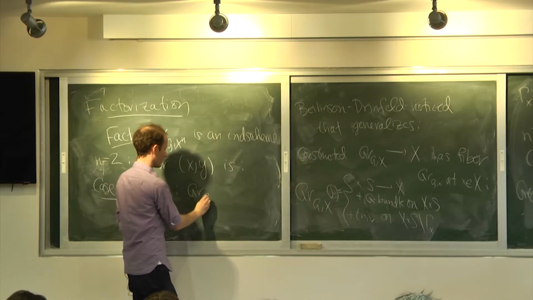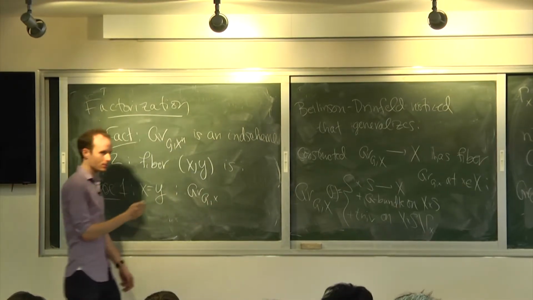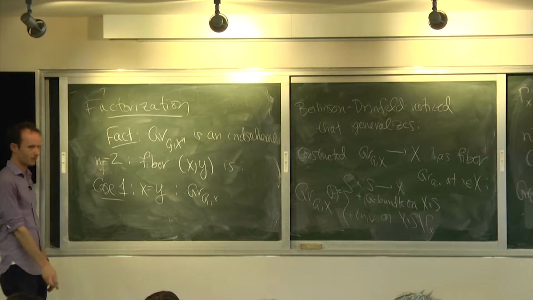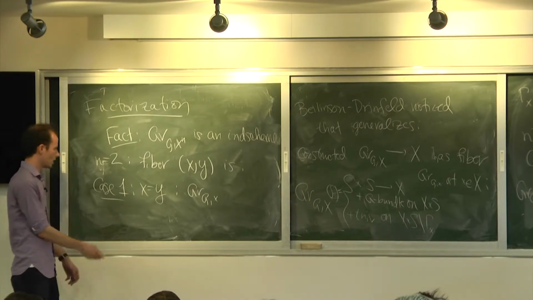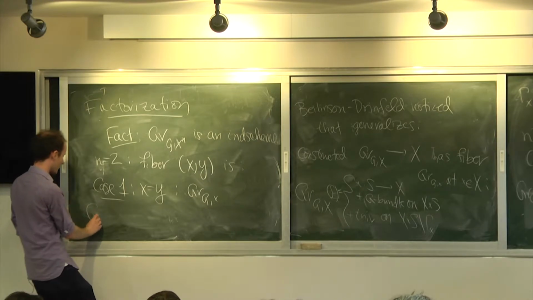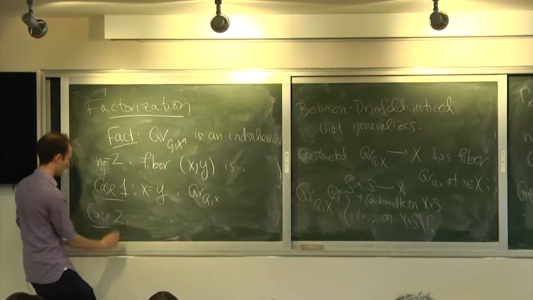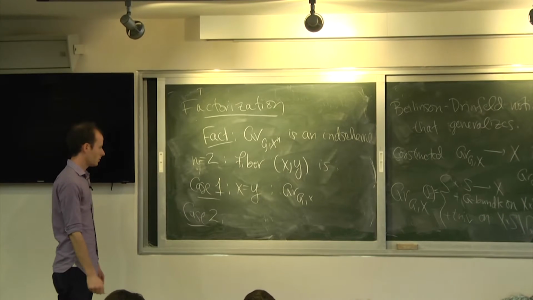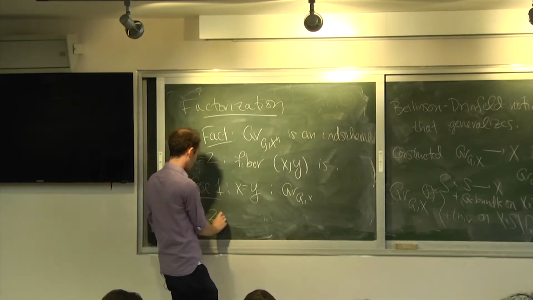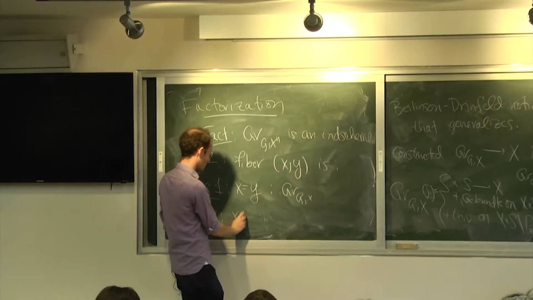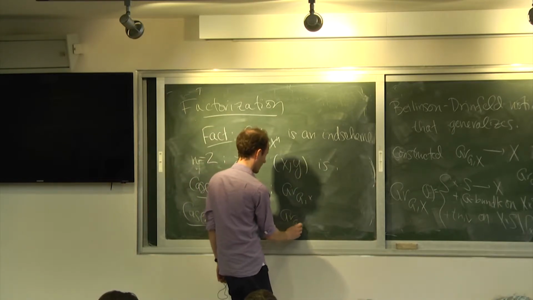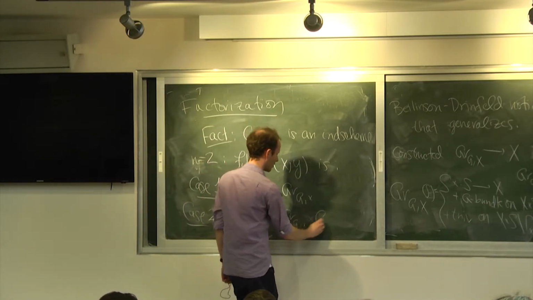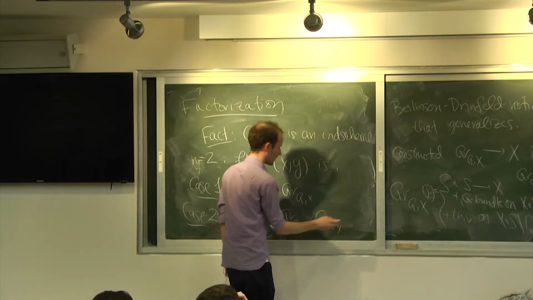So this is just G big X. Any questions about that? So the second case is also easy, but maybe requires slightly more thought. If x is not equal to y, then what you get is the affine Grassmannian at the point x crossed with the affine Grassmannian at the point y.